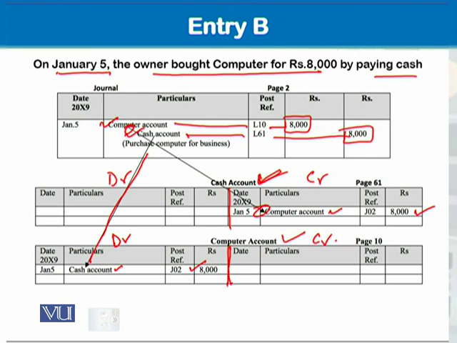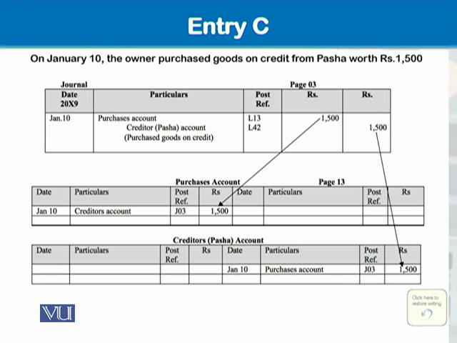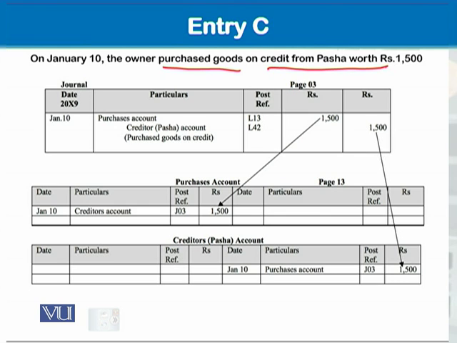Just see one more example. See, the owner purchased goods on credit from Pasha for 1,500. So the accounting entry is purchases account debit and creditors account credit. So we will be preparing two ledger accounts, one purchases and second creditors.